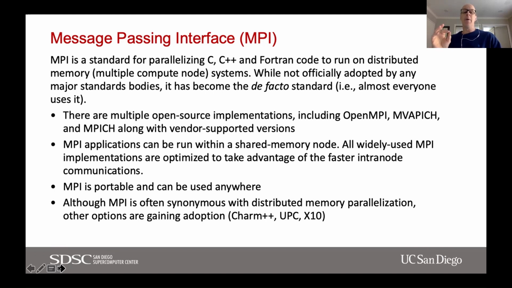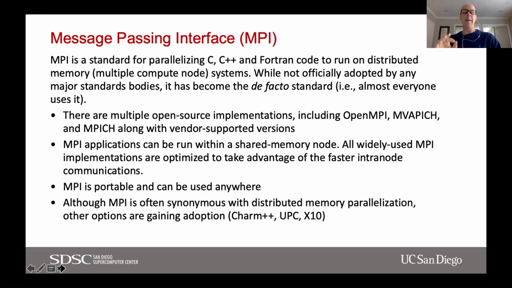When you build a parallel application that's based on MPI, you can select which MPI library you're going to use. Now, MPI applications, as I've said already, can be run within a shared memory node. And when they do that, all of the major MPI implementations are optimized to take advantage of that faster intranode communication. MPI is portable, it can be used pretty much anywhere.